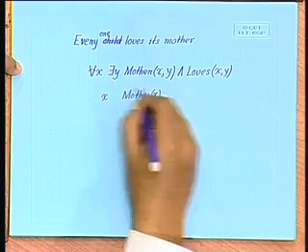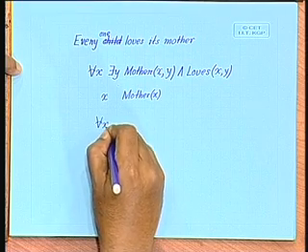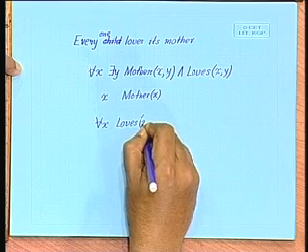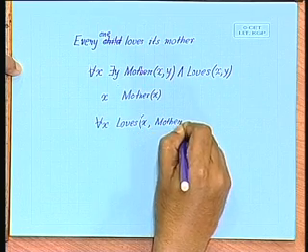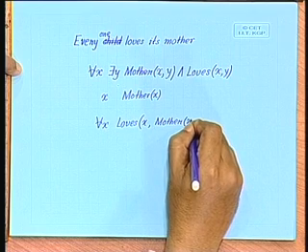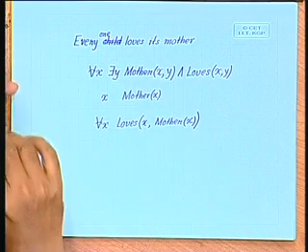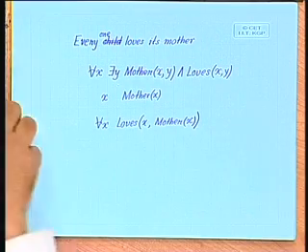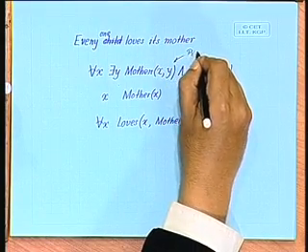So, if we treat this as a function, then we will write for all x loves x. Now, see the difference in representation. Here in this case mother was a predicate with two arguments.